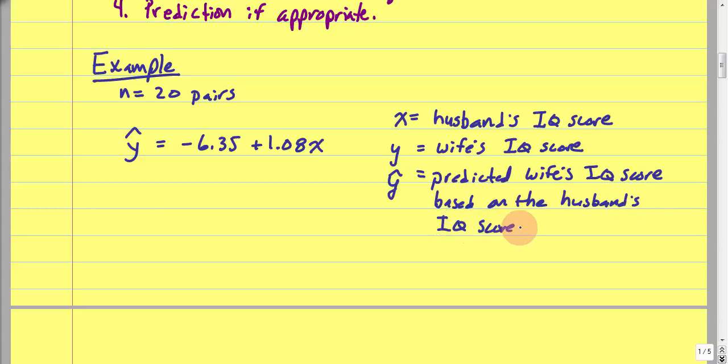Now some other information that they're providing to us, they're also letting us know that we have a correlation between these two random variables, and they tell us that r is equal to 0.841. Now remember, this is the sample correlation coefficient from our last section.